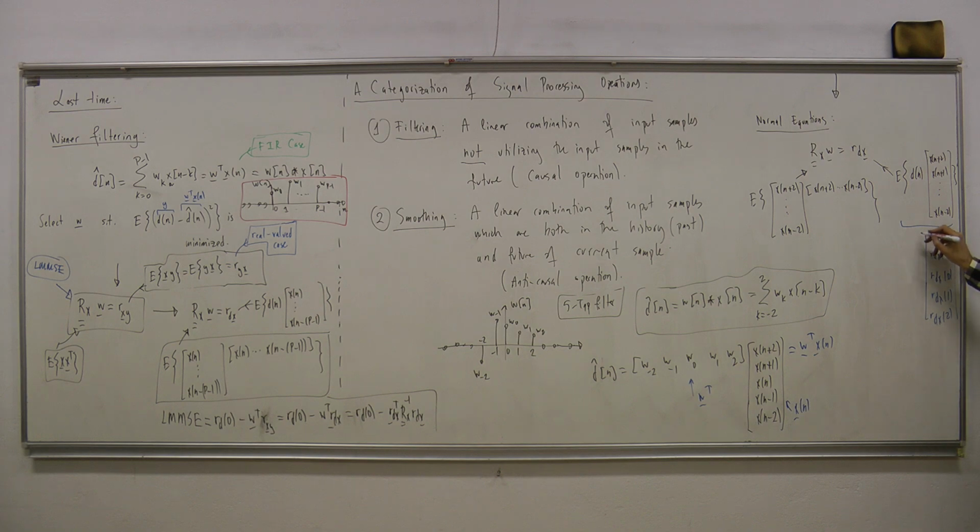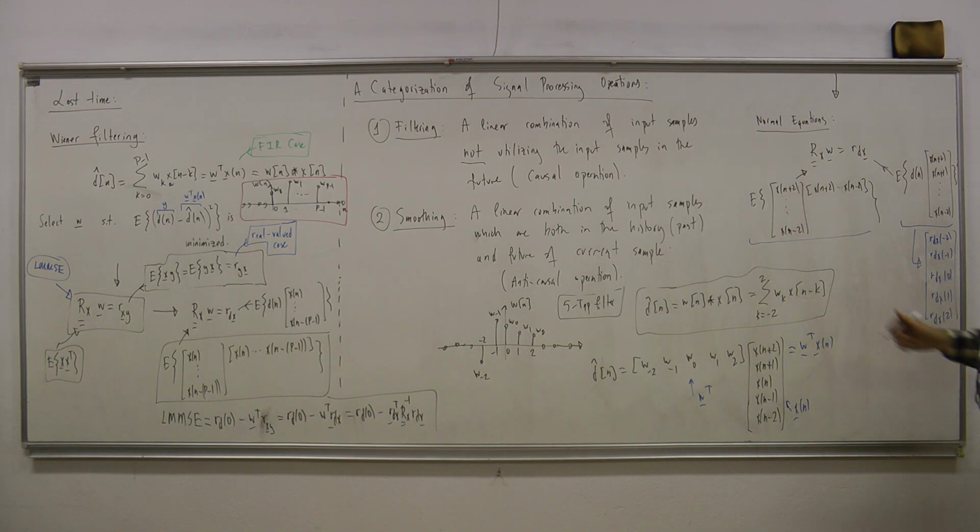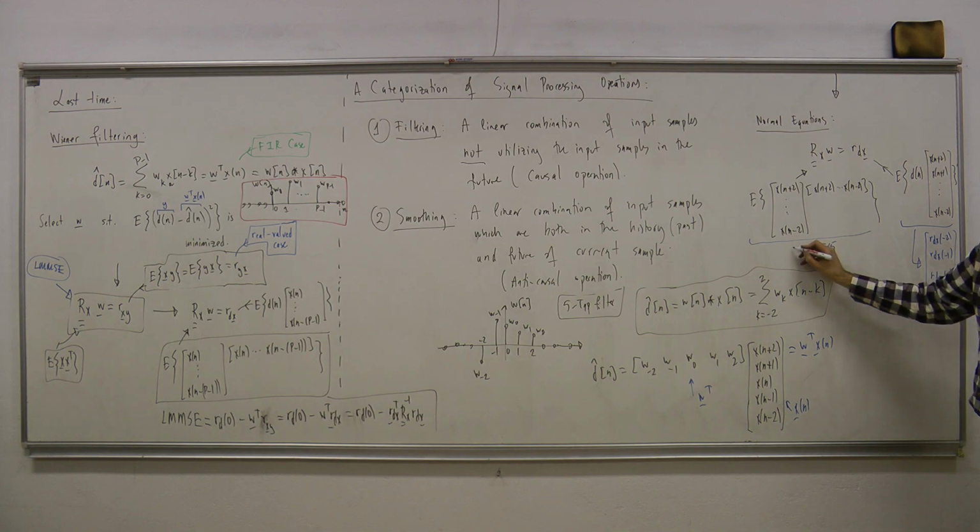That is the only change. And this is the standard Rx matrix that we have, a 5 by 5 autocorrelation matrix.